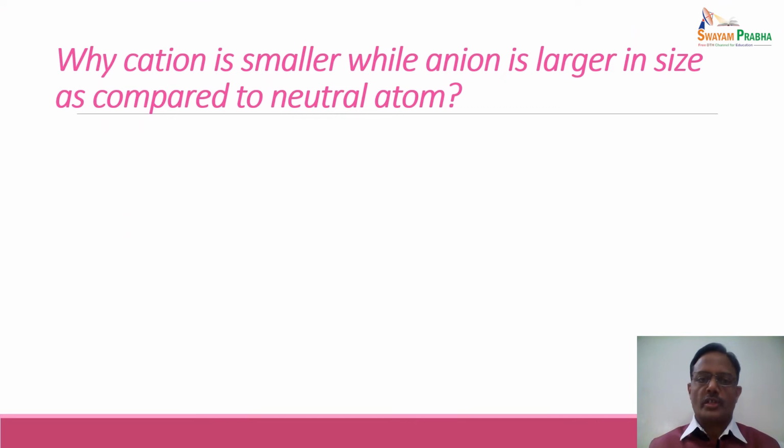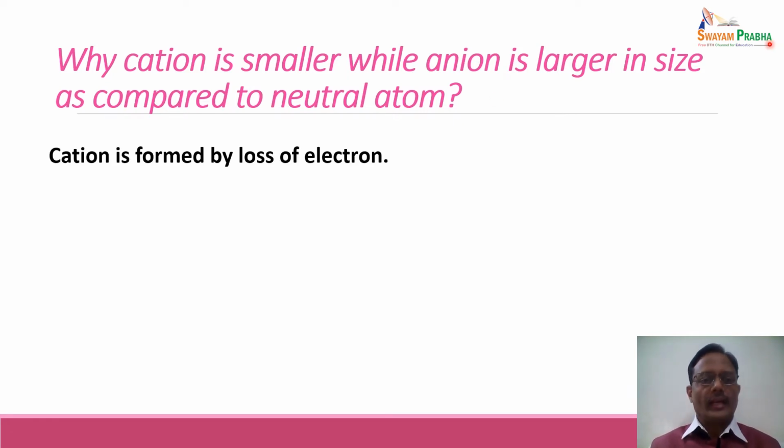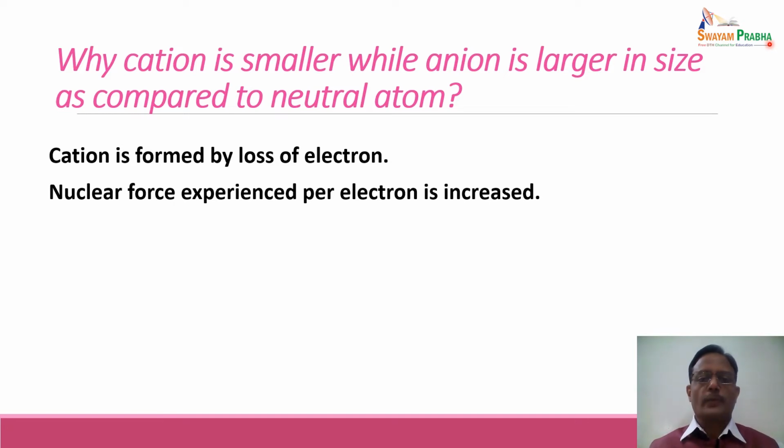Start with the first question. Why is a cation smaller in size while an anion is larger in size as compared to a neutral atom? Now we know that a cation is formed by loss of an electron, and when an electron is lost, what happens? The nuclear force experienced per electron increases because the number of protons in the nucleus remains the same.